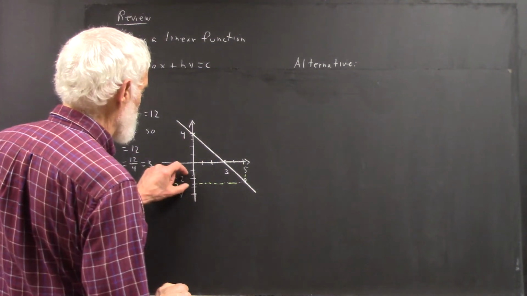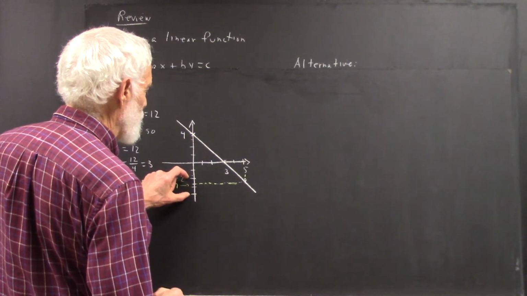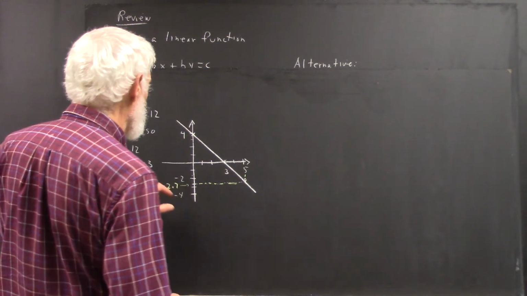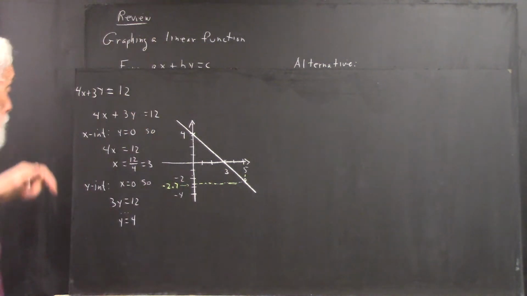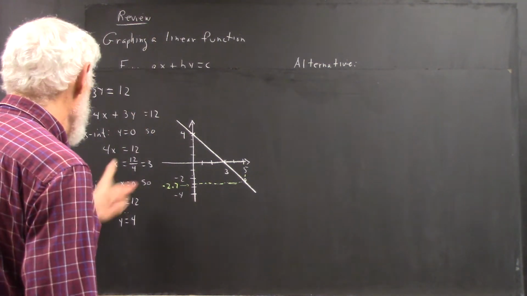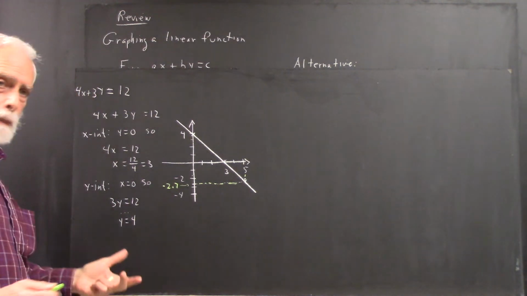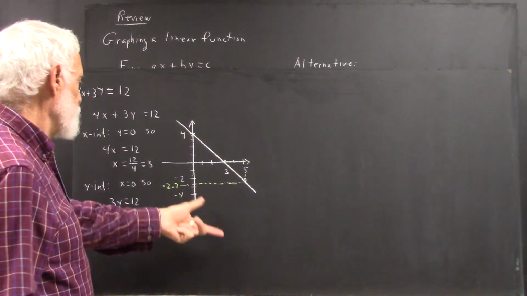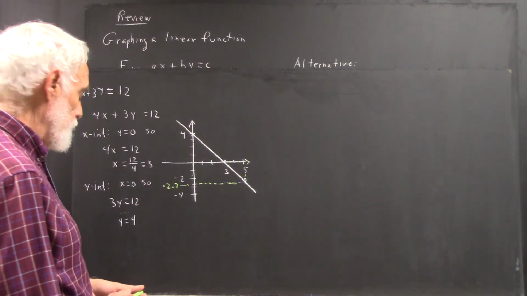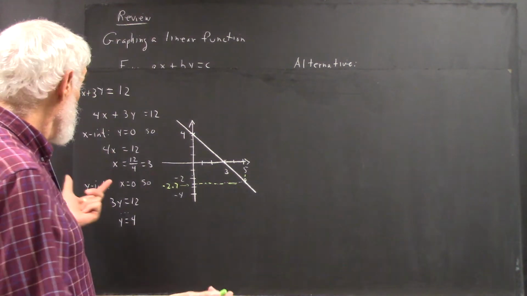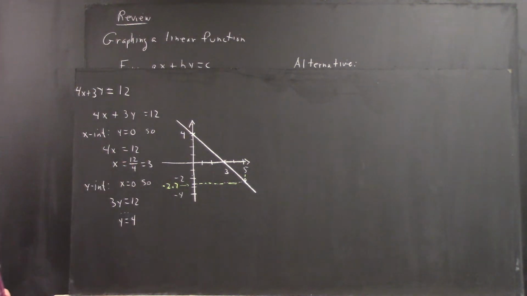I didn't subdivide this interval very well, so it might be much closer to -2.8. And there are other little anomalies that could occur, but that's going to occur anytime you hand sketch a graph. So that's not going to hurt anything.